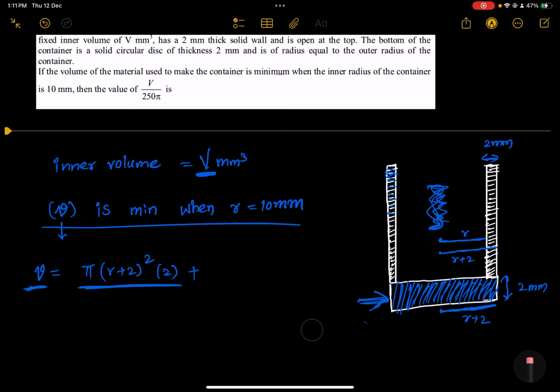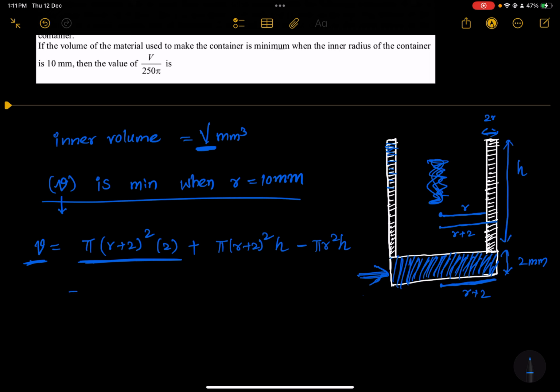So what is the volume of outer cylinder? Pi, the radius of outer cylinder is r plus 2 whole square, and let the height be h, minus the volume of inner cylinder, pi r square h. So this is the volume of the container.